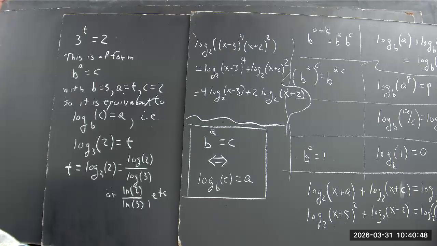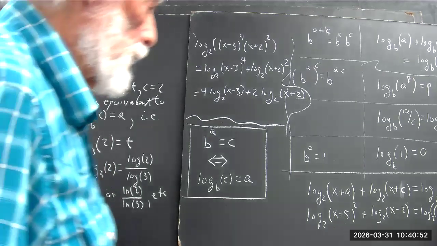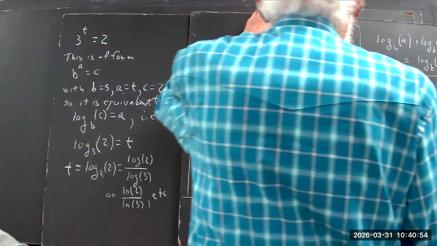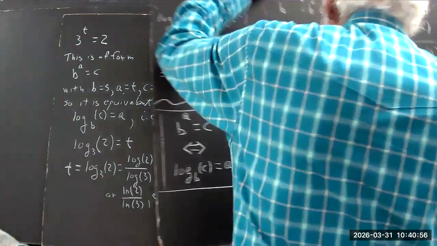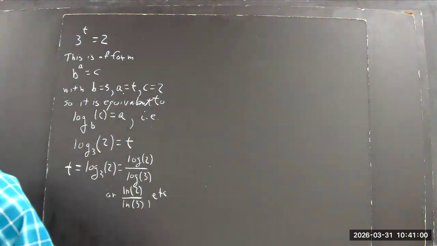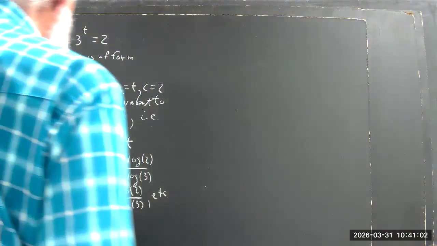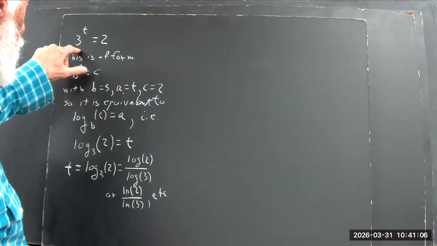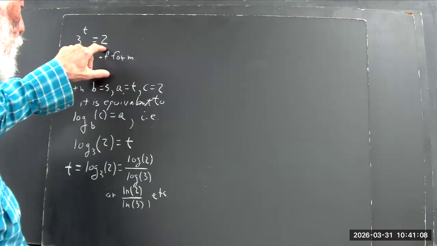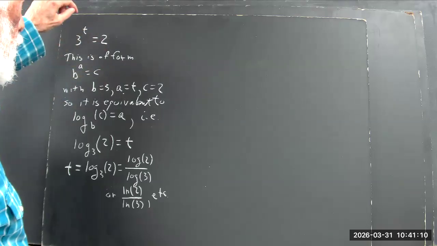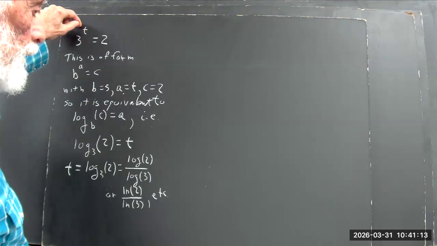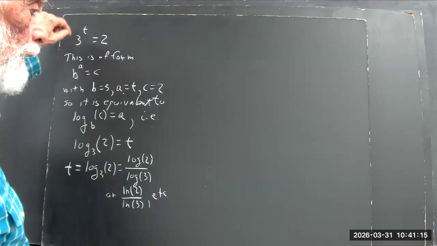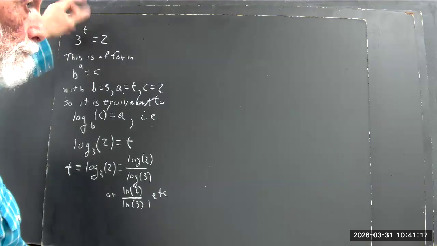There's a connection to the graph that I'm tempted to make, but I'm going to do a more complicated equation, then I might come back to that. In the application to the exponential function, 3 to the t equals 2 is when t is the doubling time of the 3 to the t function.